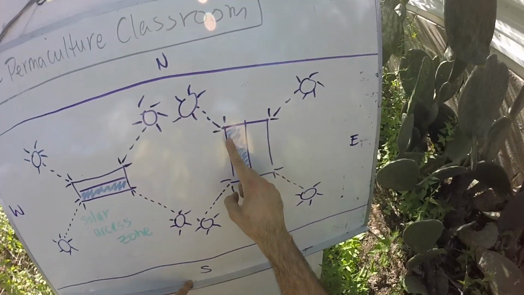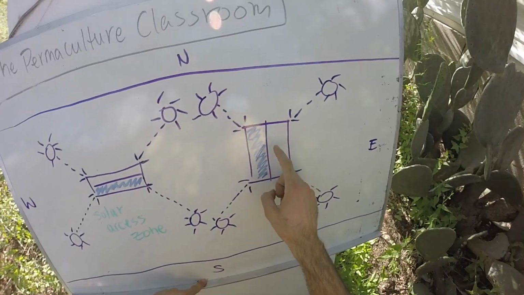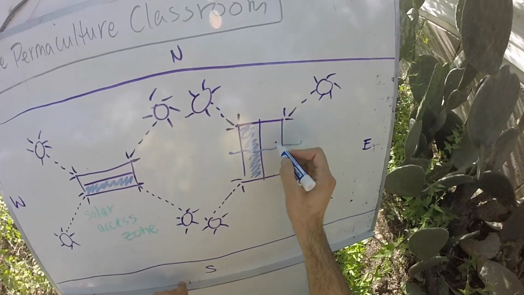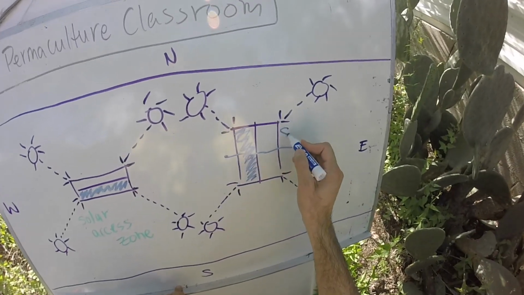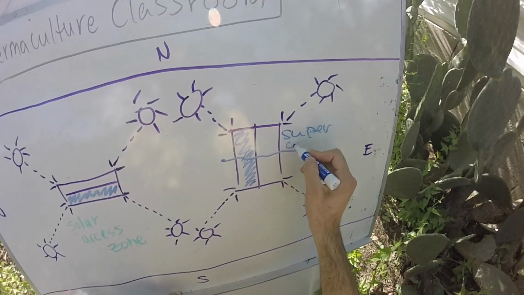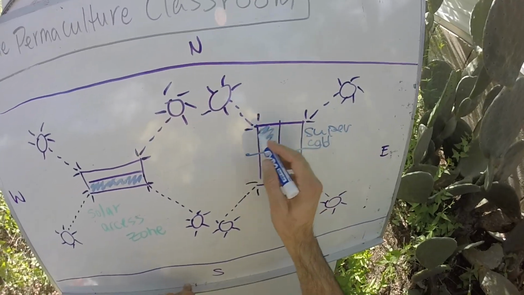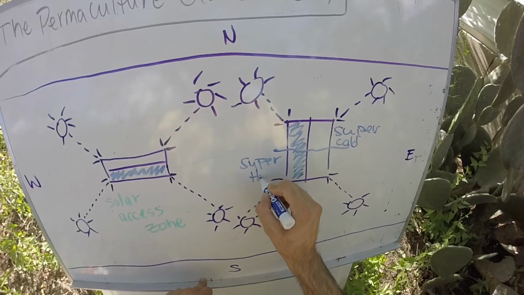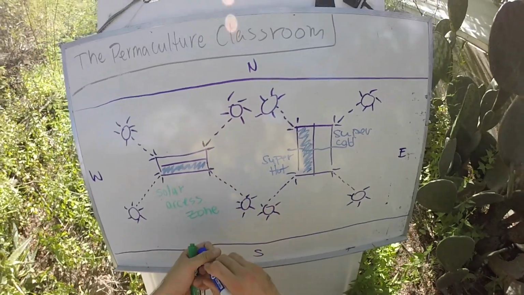Half of this house is going to be super cold right here in the winter, because I'm only going to be able to bank solar heat in the southern half of my house. So this is why the north-south orientation is not the best for passive solar harvesting.